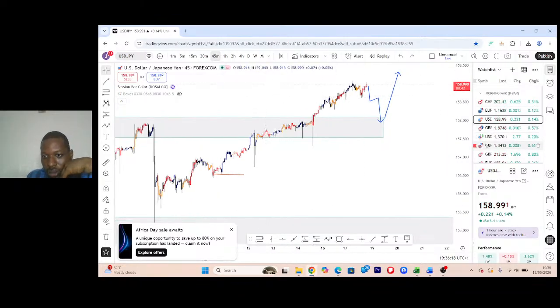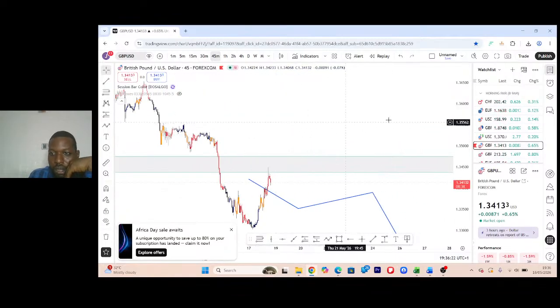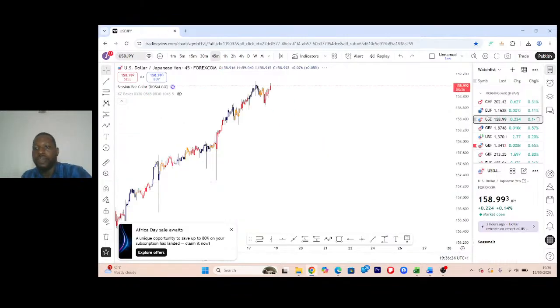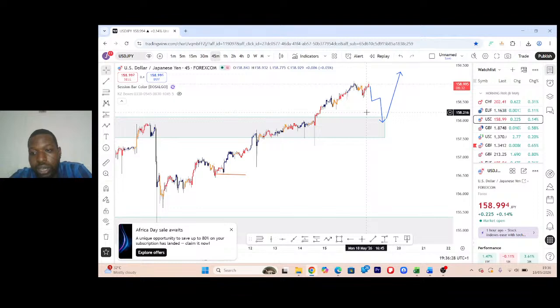Wait, let me check something about my directional bias. Okay, so I think I'm correct, because USDJPY and GBPUSD always go in the opposite direction. So if you are trading GBPUSD and want to confirm your bias is right, make sure that USDJPY is moving in the opposite direction.